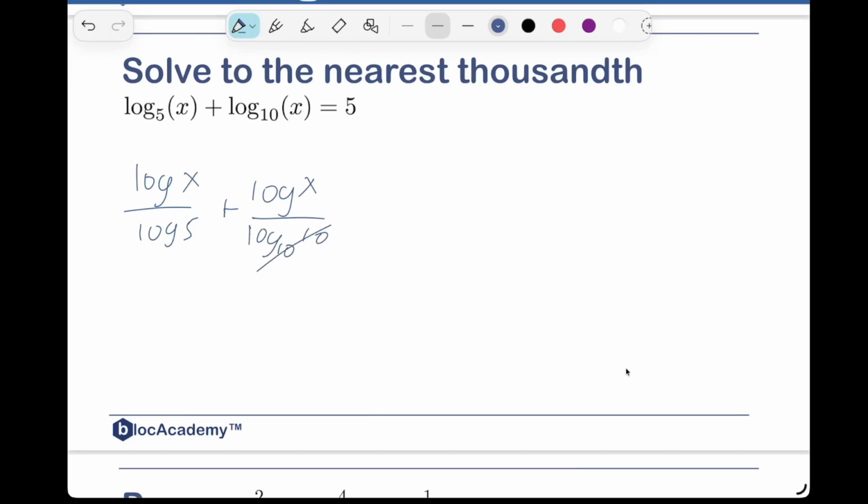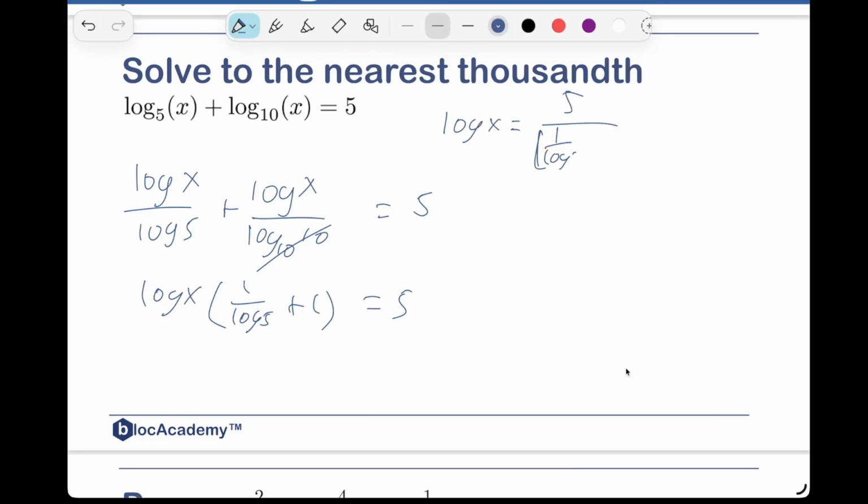Now, equals 5. What's interesting though, is we can factor out this log x, which would lead to 1 over log 5 plus 1 equals 5. So log of x equals 5 over 1 over log 5 plus 1.